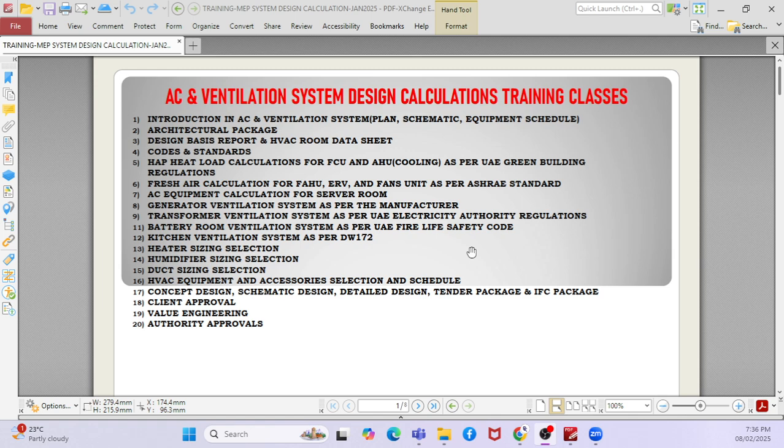You can talk about direct AHUs with a heat wheel, without a heat wheel, with a heater, with a horseshoe pipe, pre-cool and preheat.